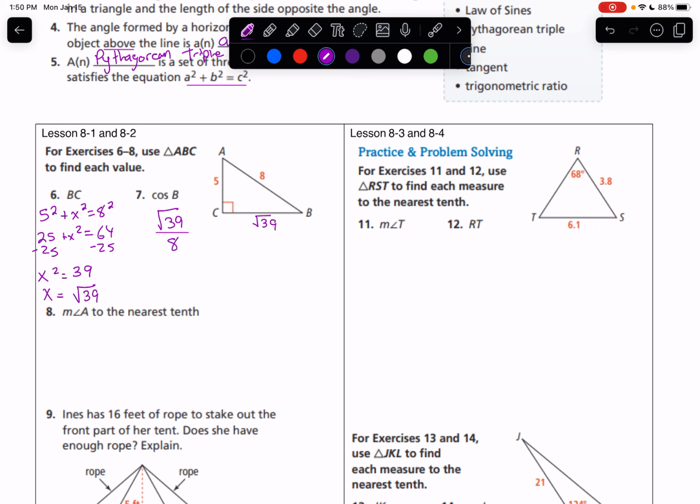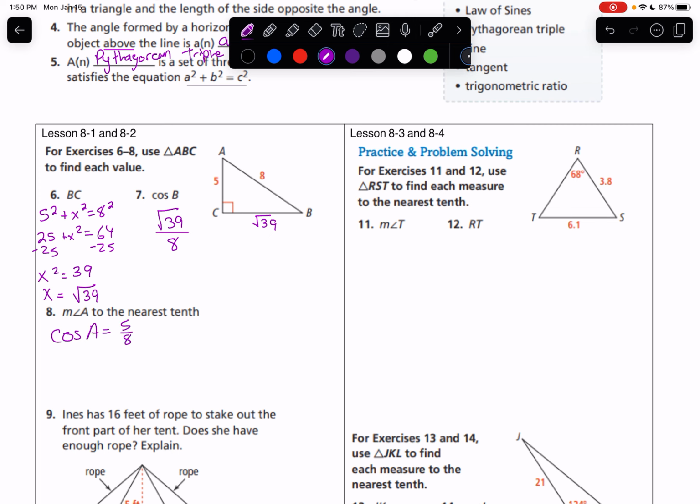Number 8, the measure of angle A. To find the measure of angle A, we're going to walk our shrunken selves over to angle A. And we can use any of these values in a trigonometric ratio. I'm going to use 5 and 8 because those were the ones that were given to me. If I'm standing on A, 5 is the adjacent and 8 is the hypotenuse. Adjacent over hypotenuse is cosine. So the cosine of angle A is equal to 5 over 8.